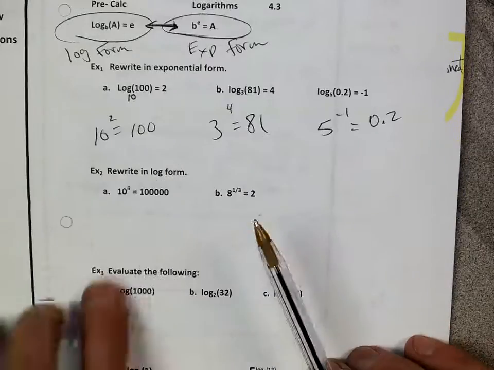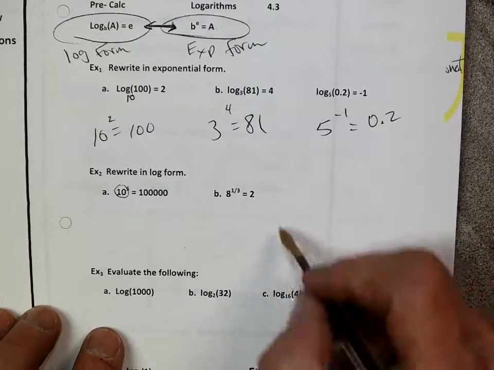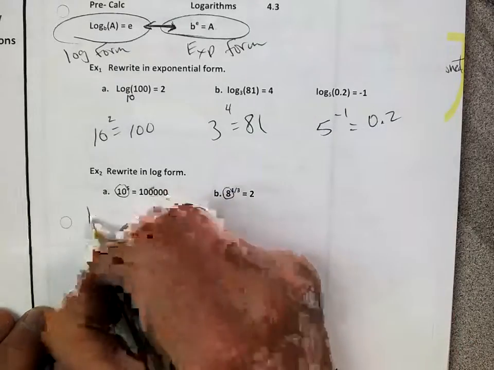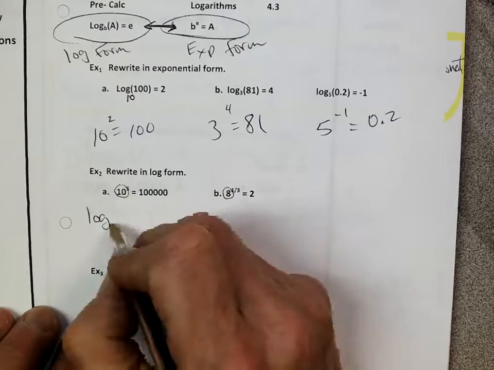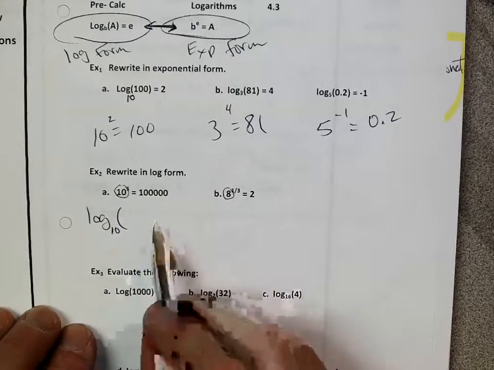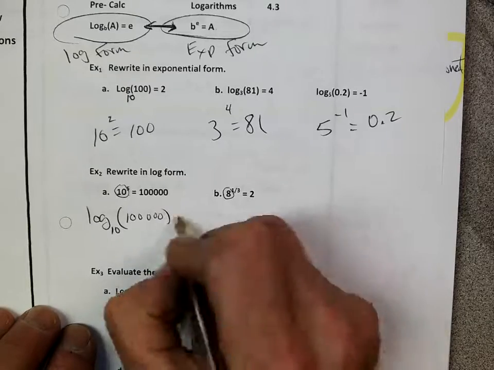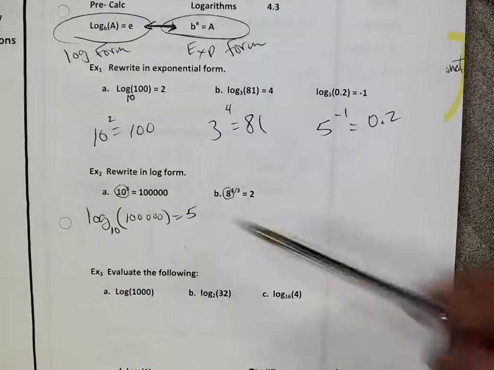Now example 2 is just going to be doing the opposite. This is the base. The 10 is the base. The 8 is the base. So I go log of my base, base 10, of my answer, which is 100,000, equals 5. So here's my base.